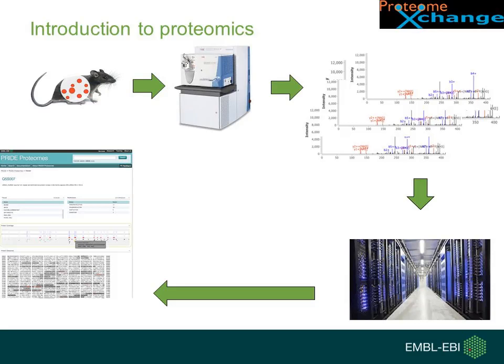Here, this little rodent in the picture. The sample is then run in a mass spectrometer and will produce between thousands and several million mass spectra, which is the raw data output of the mass spec machine.